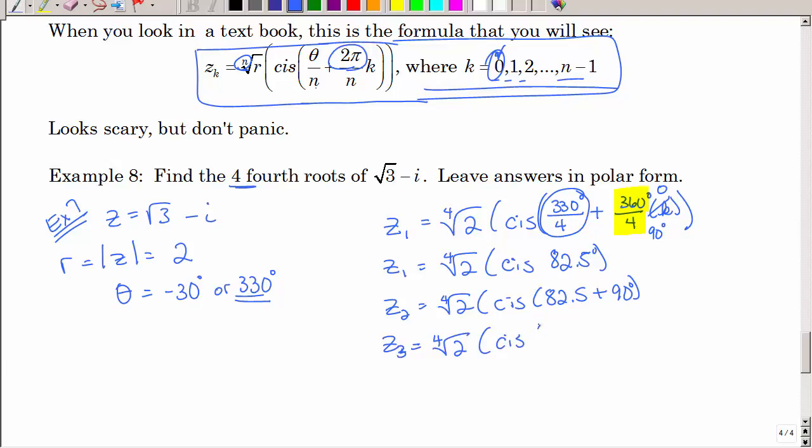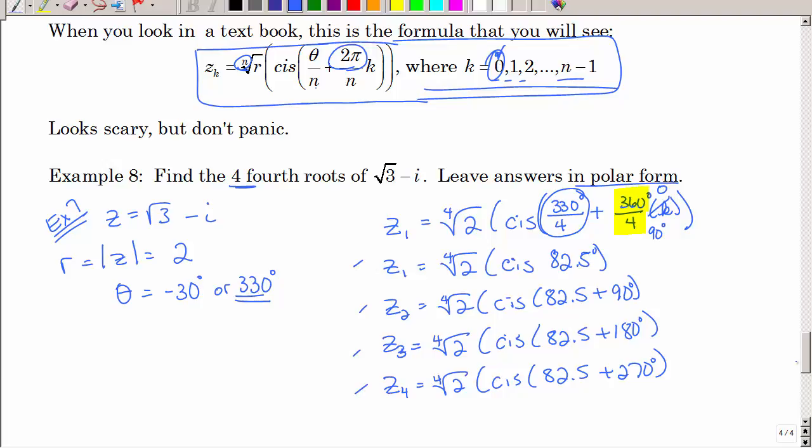Our third one is going to be 82.5 plus 180, because that's another 90. And our fourth one is going to be, of course, plus 270, because that's another 90. Now if I added 90 again, I would get back to where I started out. So I want 4 of them. So I have 1, 2, 3, 4.